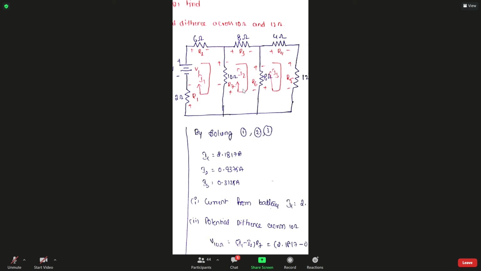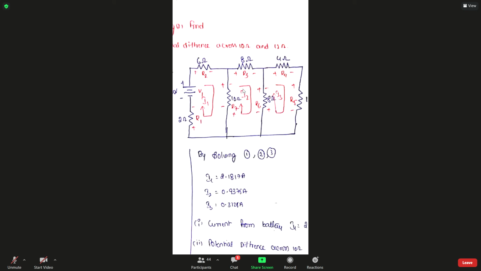You are able to see and getting the message. Write the equations for this problem. Write the mesh equations. First questions.